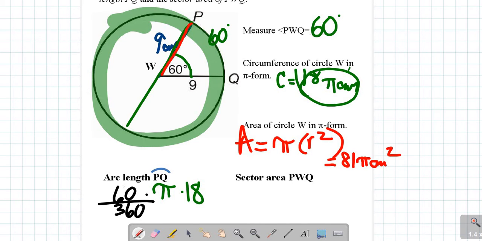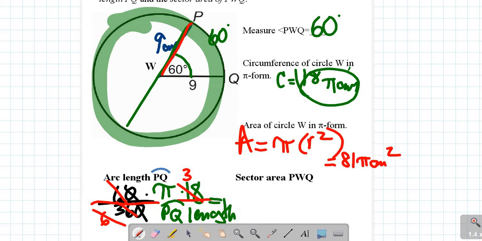So it'd be 18 pi divided by 6, so it'd be 3 pi. You're just a little ahead of the game, and that's perfectly fine. Zeros, and then 6 goes into 36. 6. And then we take the 6 into the 18. 3. So our arc length, 3 pi. Just write PQ and write the word length. That's 3 pi cm. That's what we did right before vacation.